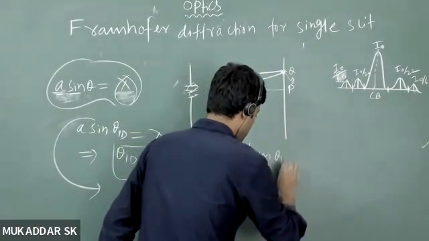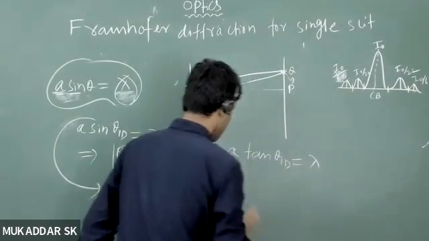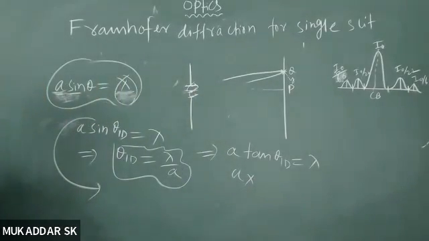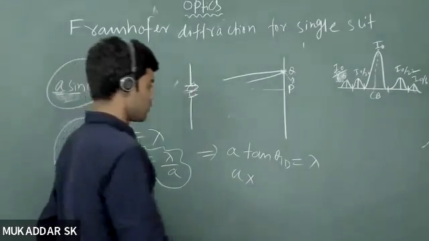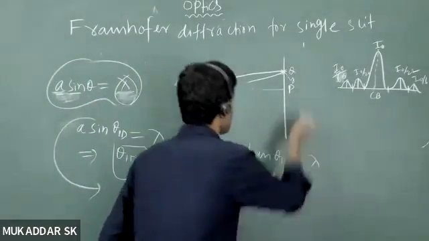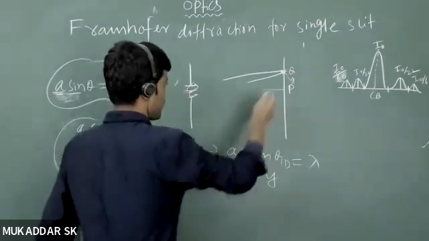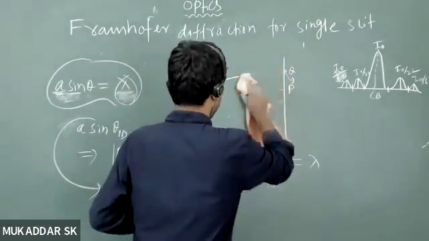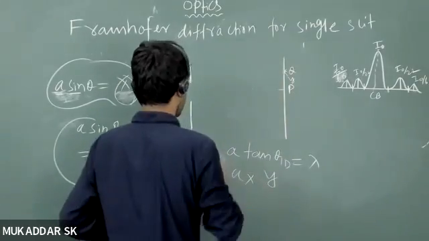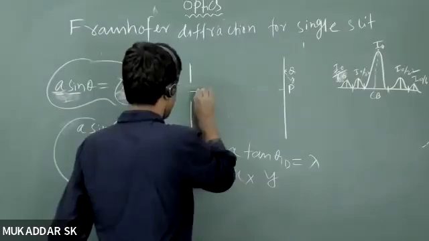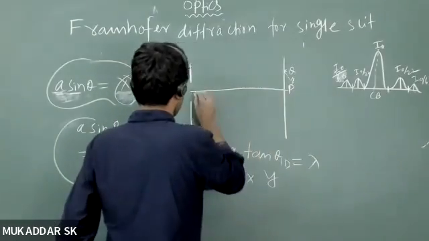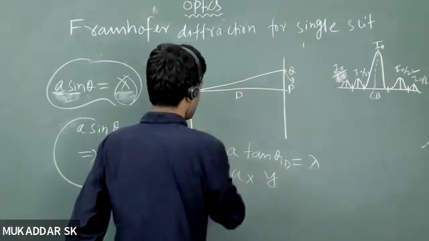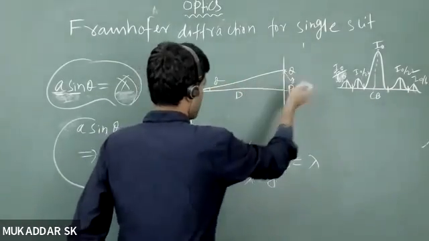So tan theta on d, that will be nothing but lambda. Now what is tan theta? If you draw a triangle, suppose this is your middle point, this is the base, this is theta, this is the perpendicular.